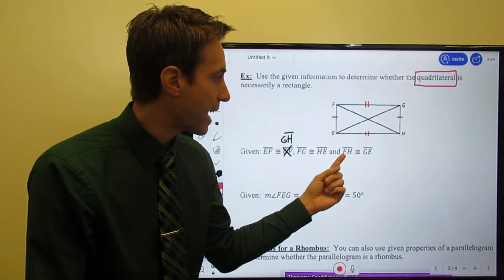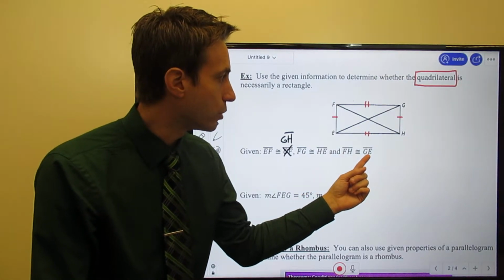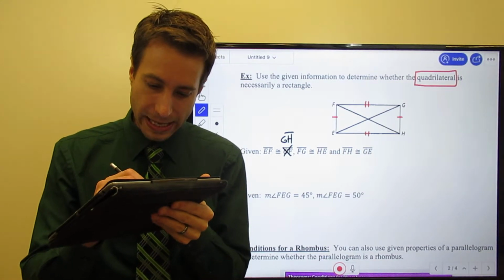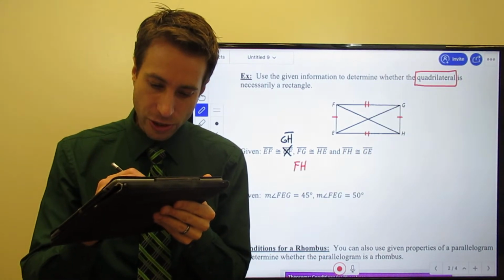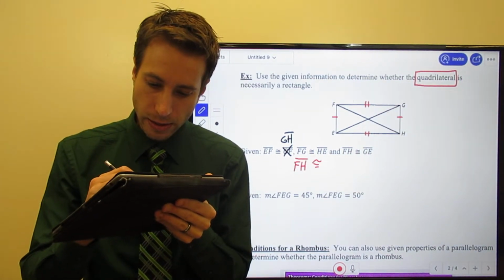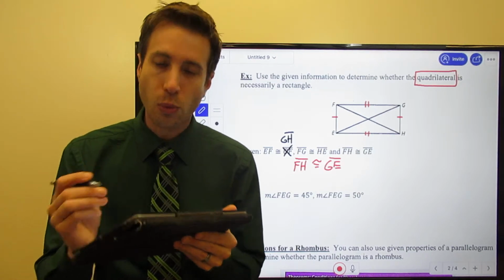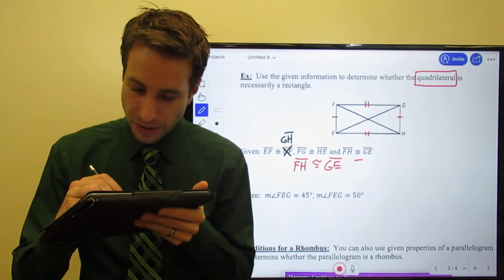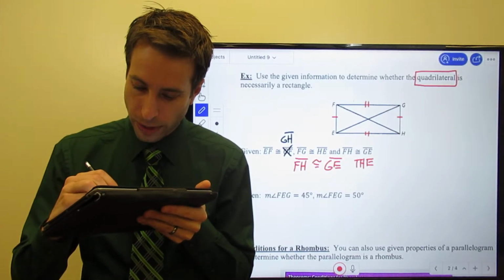So I have one more piece of information here. I tell you that FH is congruent to GE, and there it is. What this tells you right here, FH is congruent to GE. Well, those are my diagonals. What this means, the diagonals are congruent.